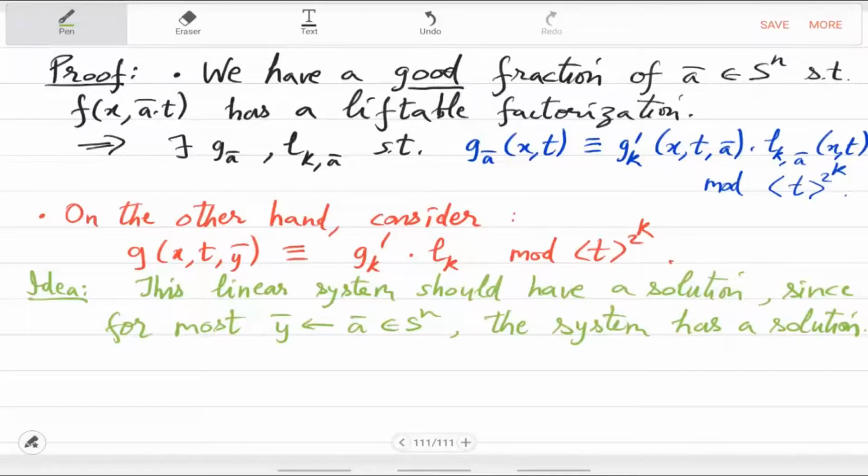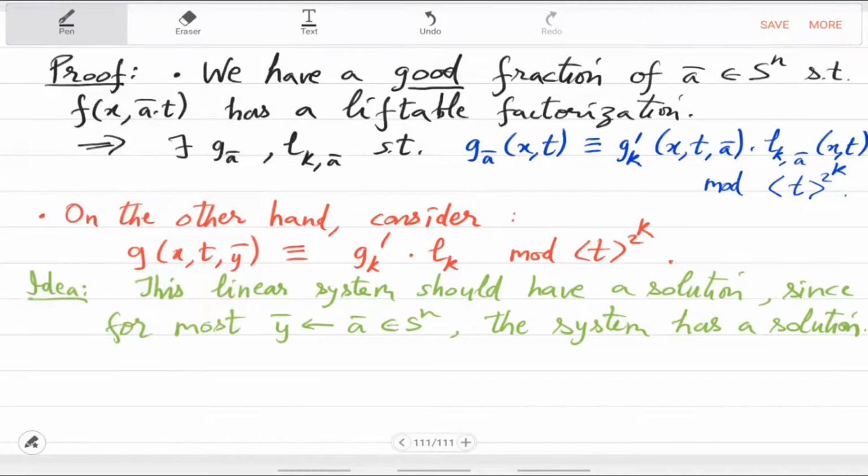This idea in green is the key thing that we wanted to get at. So, we have these two linear systems, and the red one is the main one, the functional one. For it to have a solution, it is actually enough if its random fixings have a degree bounded solution.